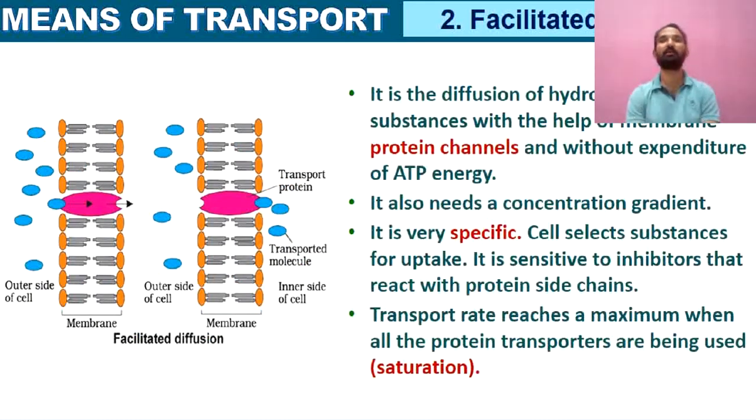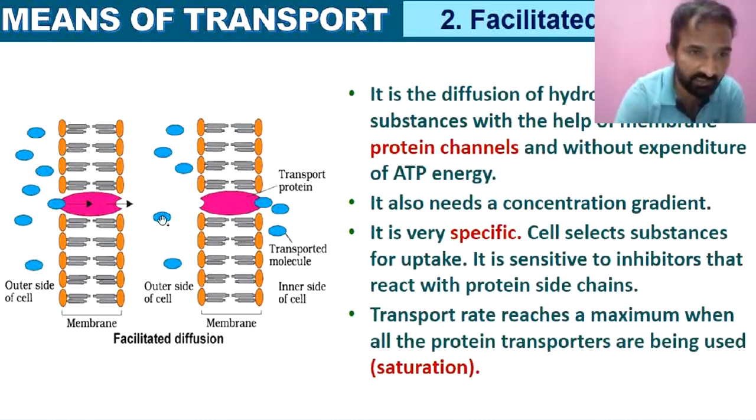Now coming to the second topic, facilitated diffusion. Diffusion means the molecules move from a higher concentrated region to a lower concentrated region across the cell membrane. Facilitated diffusion is the diffusion of hydrophilic substances with the help of protein membrane channels.